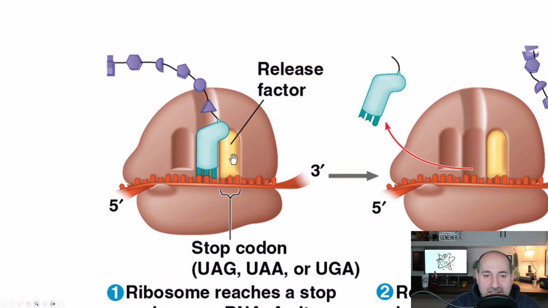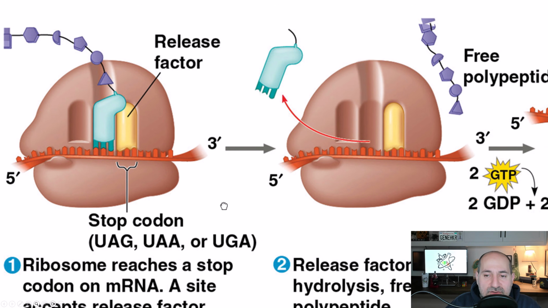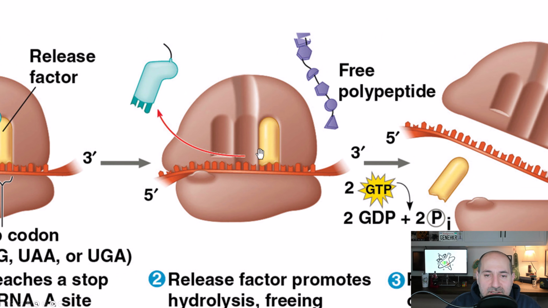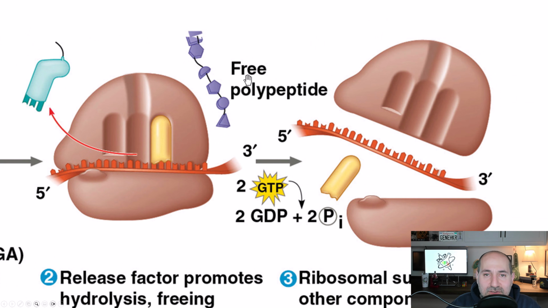Instead, a protein. You see this little yellow guy? This is a protein, not a tRNA. It's a protein called release factor. When this protein binds, because it recognizes one of the three stop codons, it causes what's called termination of translation and release, right?